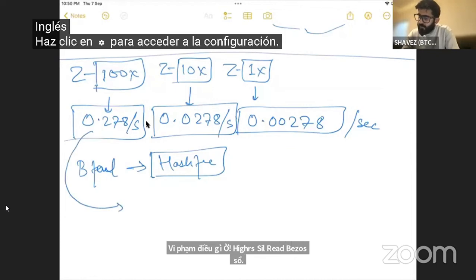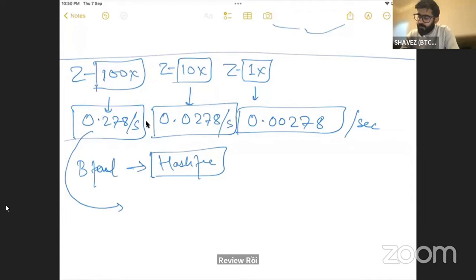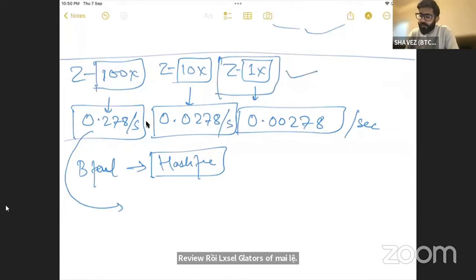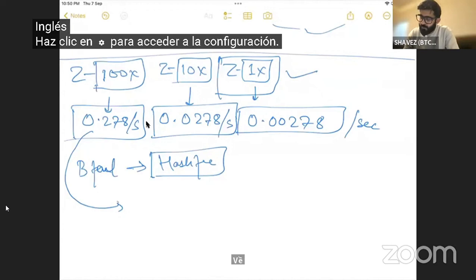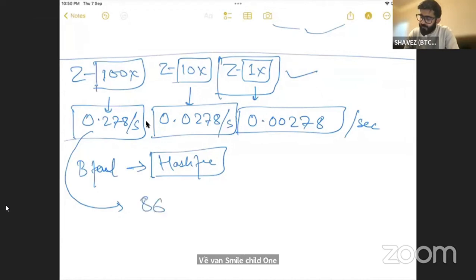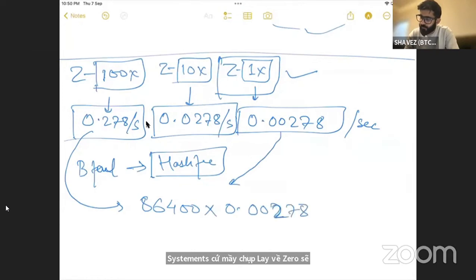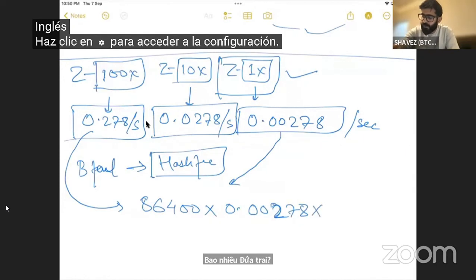So let's calculate the cost of mining with one small GT1X. How many seconds are there in a day? 86,400. You multiply with 0.00278, and also you multiply, okay, let me use a calculator.